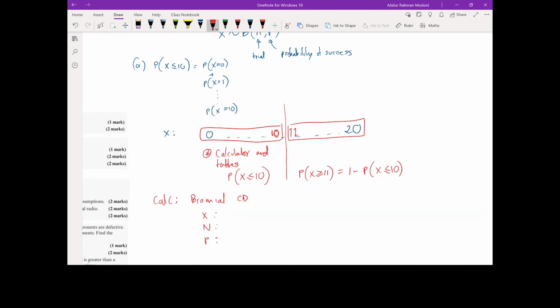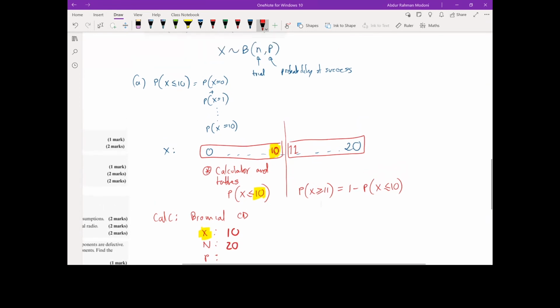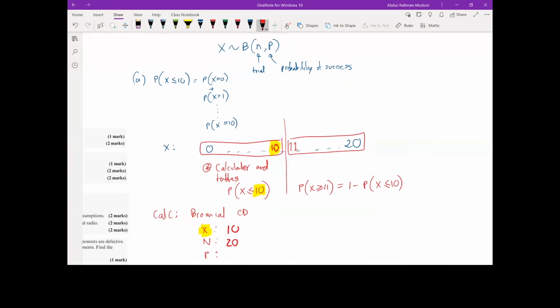So X, remember the calculator does only up to and including that number. The X here that we're using is this value here, the one that it goes up to and including. So we're going to use 10 here. N is the total number of trials that we have, and that's 20. That comes from our binomial distribution, the number of trials.